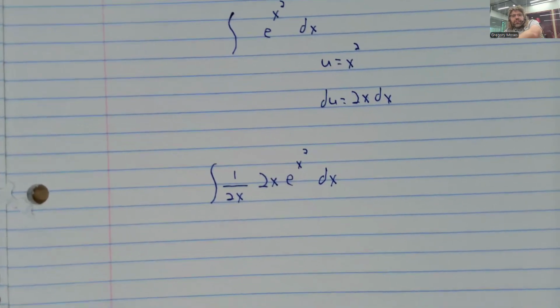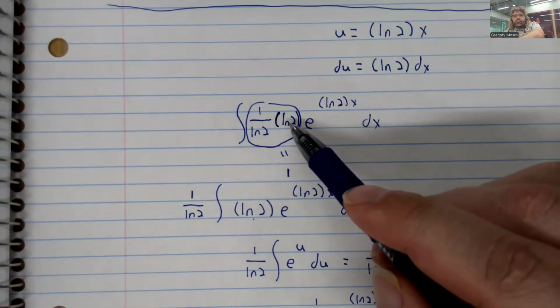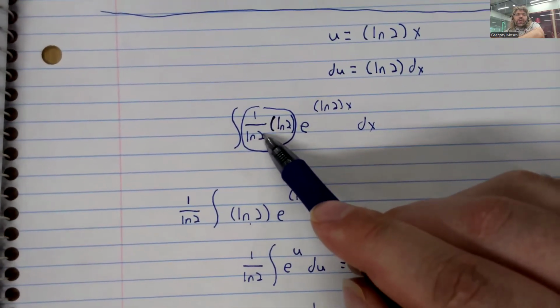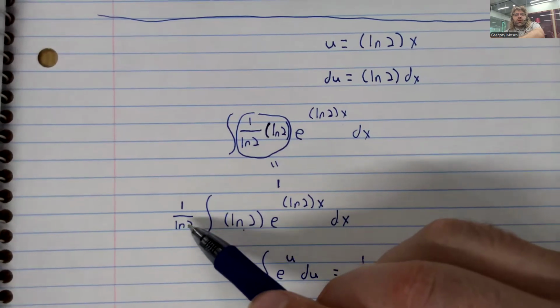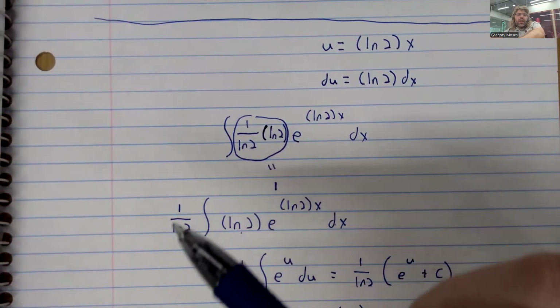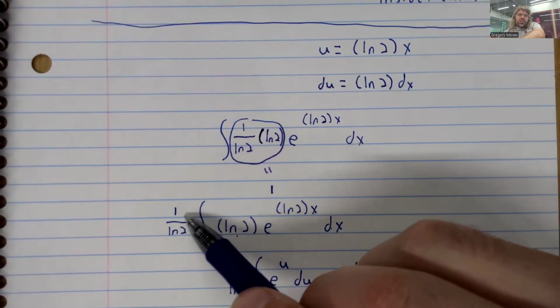well, what was the very next thing I did in this example? The very next thing I did after throwing in the missing quantity and then dividing by it was that I pulled the 1 over ln2 out of the integral. And I could only do that because 1 over ln2 is a constant.